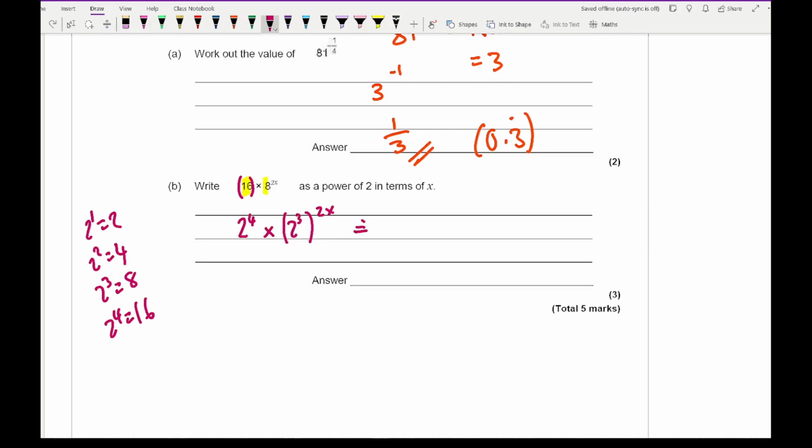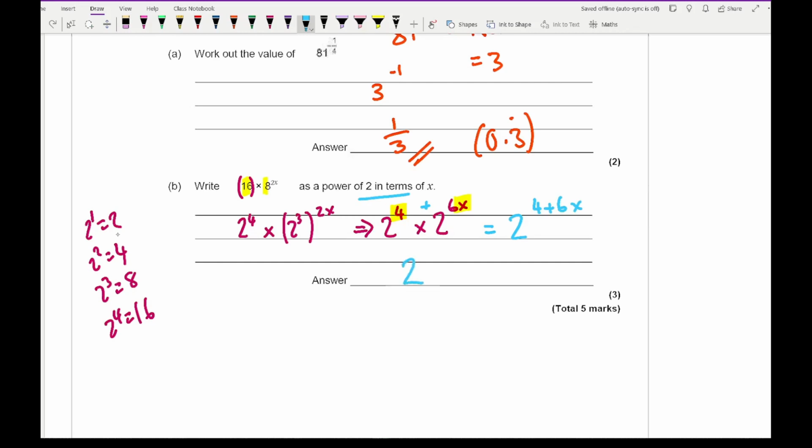Then with brackets, you multiply out the powers. So I've got 2 to the power of 4 times, and then 3 times 2x is 6x. And then when you're multiplying, you add the powers. So then that becomes 2 to the power of 4 plus 6x, which is what they want me to do.